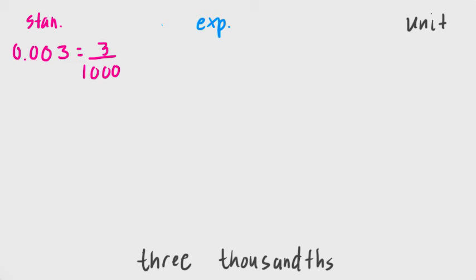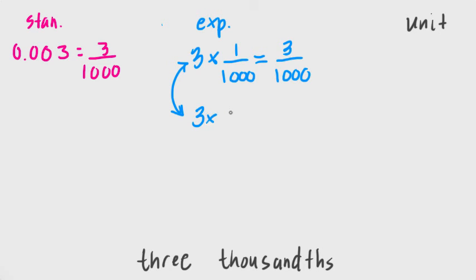And then the expanded form is going to be 3 times 1 over 1,000, right? Because now the 3 equals 3 over 1,000, or 3 thousandths. Either one of these will work. Or 3 times 0.001, because 3 times 1 is 3, will give us that 0.003 that we're looking for, or 3,000ths.